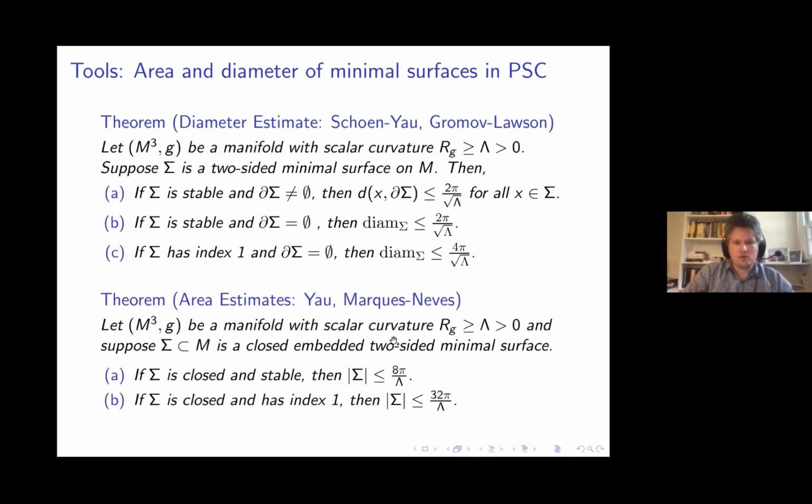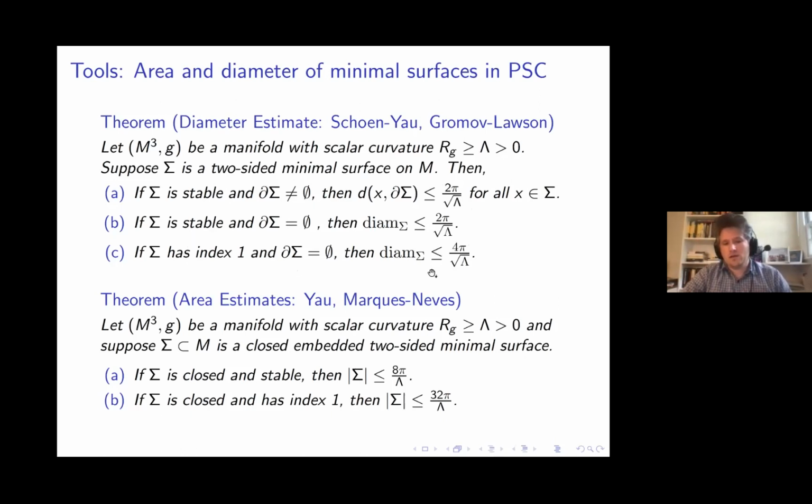Okay. And basically what you get is these two results here: whenever I have a manifold with positive scalar curvature, a stable surface, there is a version with boundary. So whenever I have boundary, I can bound the distance from a point to the boundary of the surface. So it's stable with boundary. It's stable, no boundary, I get a bounded diameter.